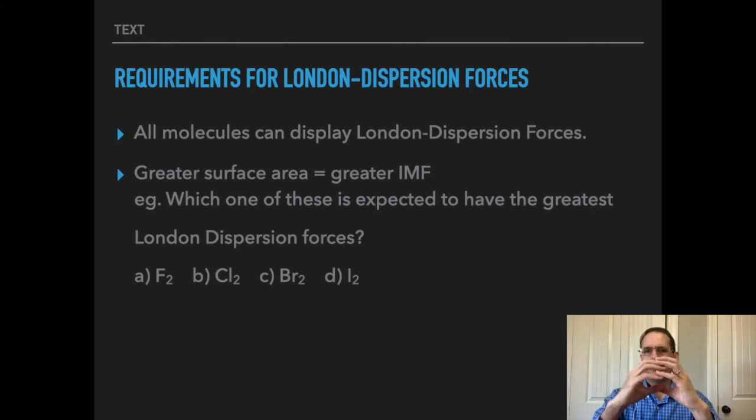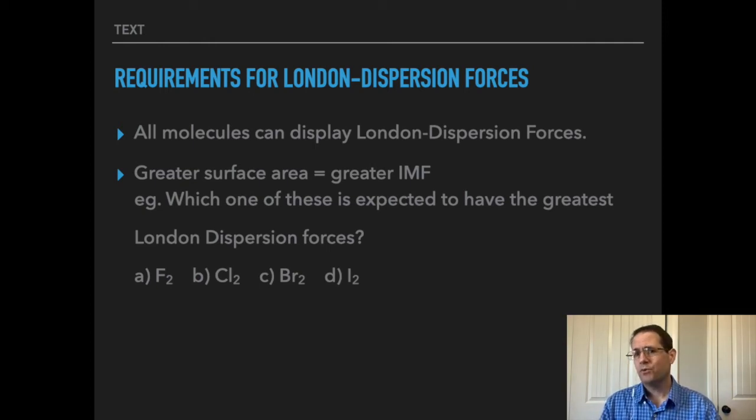So fluorine, chlorine, bromine, and iodine are going to be relatively sized like that. Iodine is going to be the largest atom. Because of that, the iodine molecule is going to become quite large in comparison to the fluorine molecule. So we would expect iodine to have a greater surface area, and therefore have the greatest London dispersion forces.